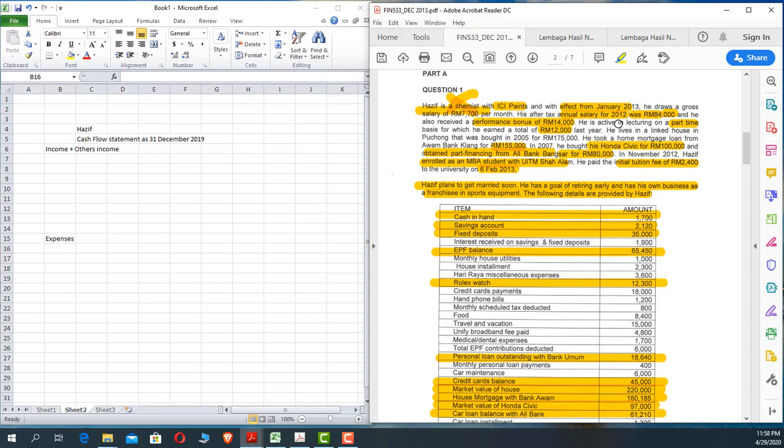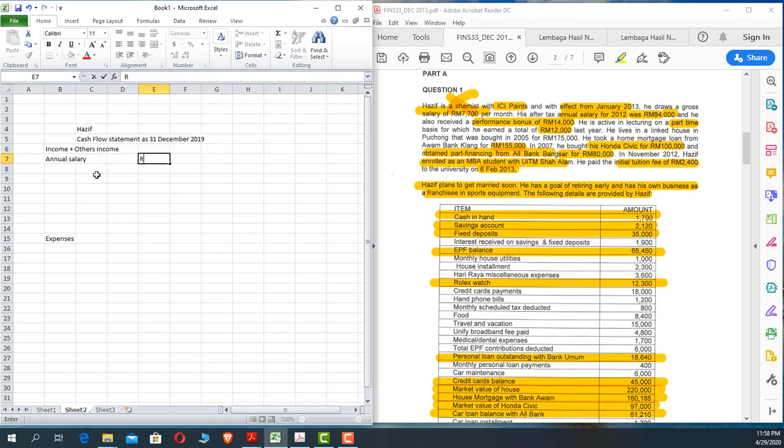Jadi so for 2015 ialah annual salary RM84,000.